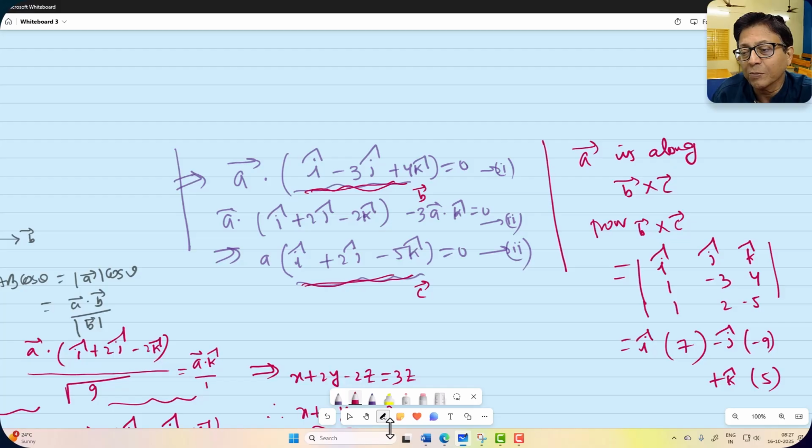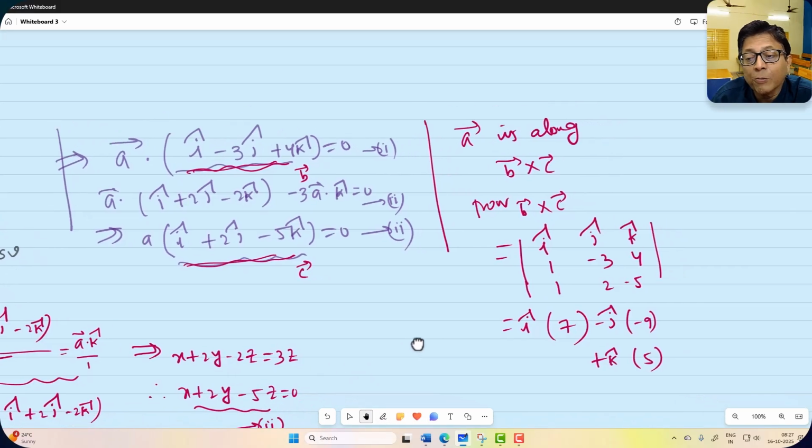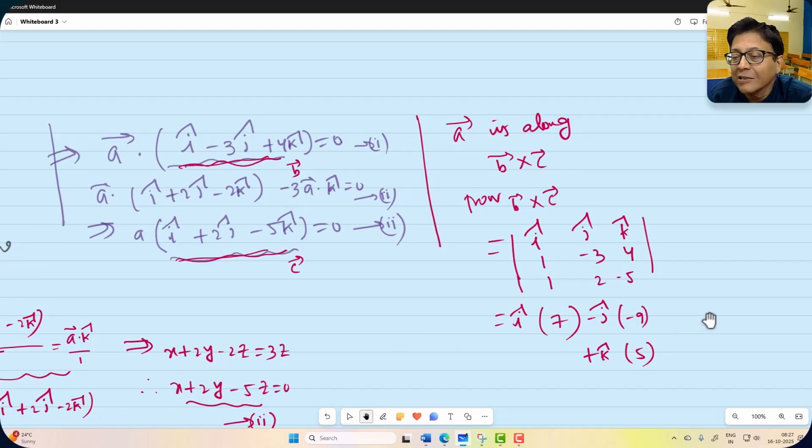All of you know cross product. You must be prepared for dot product and cross product properly before you start solving JEE paper. So this is going to be 7i plus 9j plus 5k. So A along B cross C.